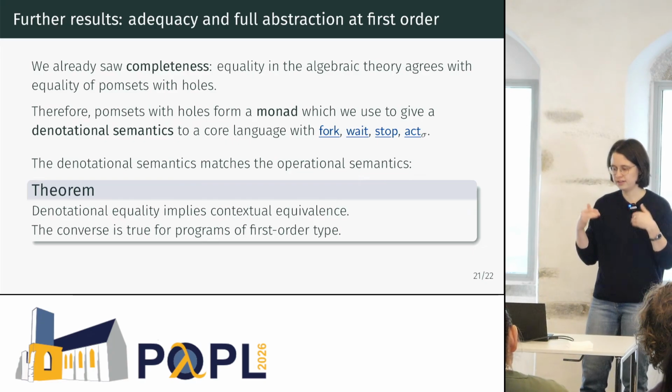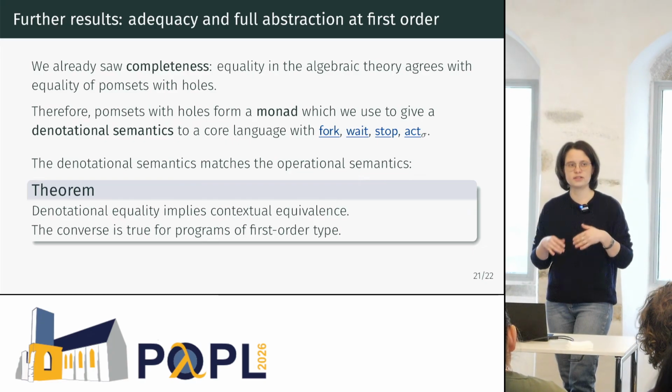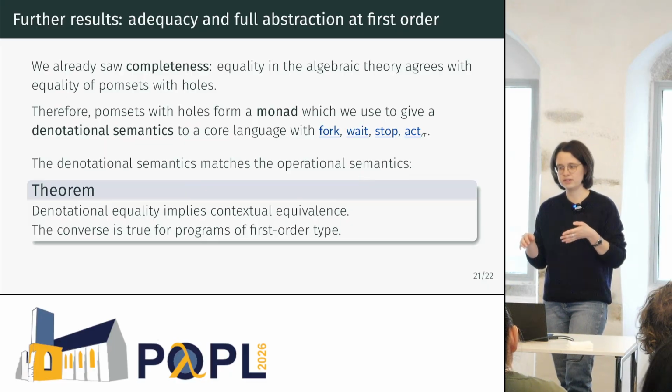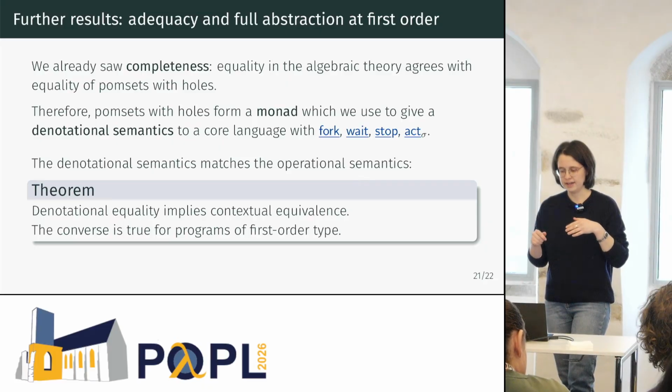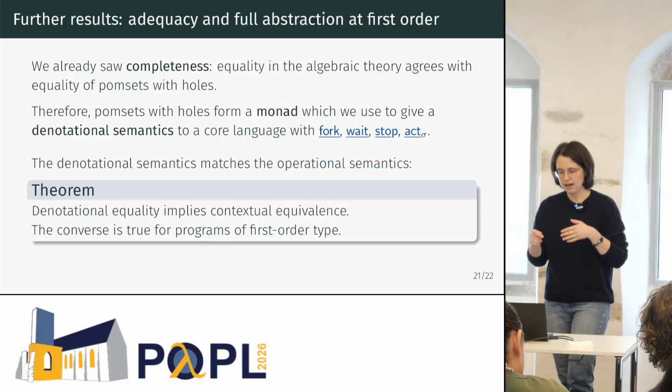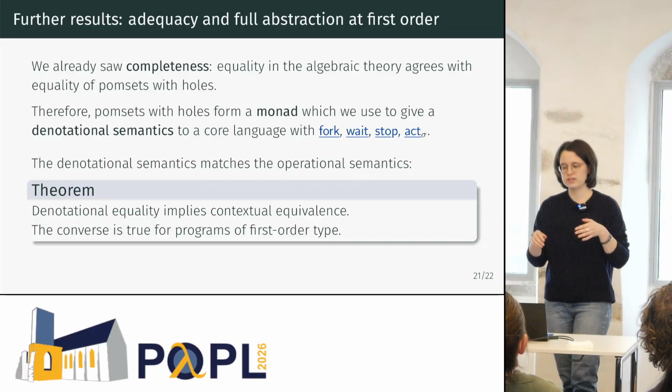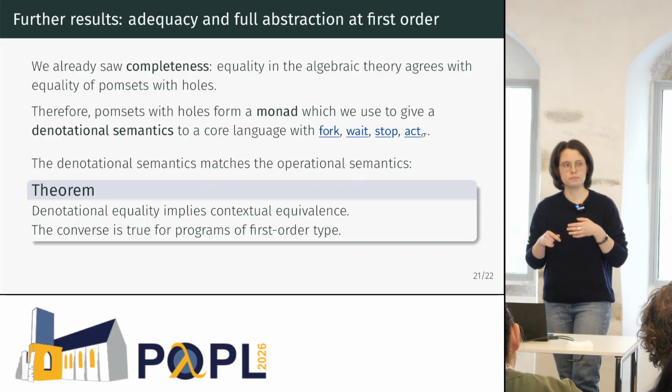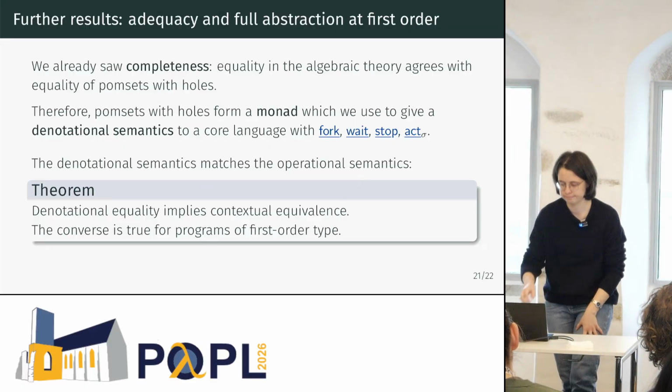And then we show that this denotational semantics matches the operational semantics from the first part of the talk, meaning that denotational equality implies contextual equivalence. And also we show that the converse is true, but only for programs of first order type.